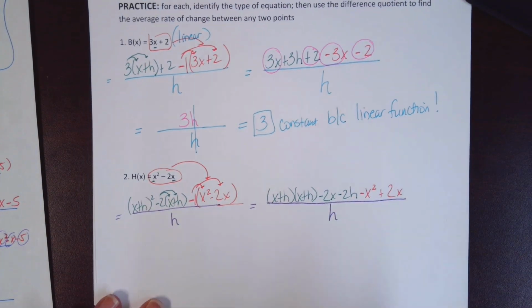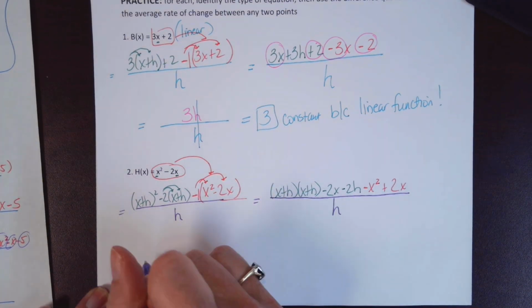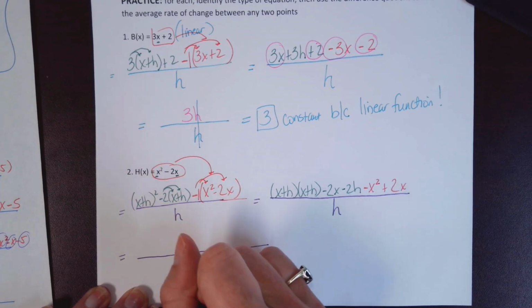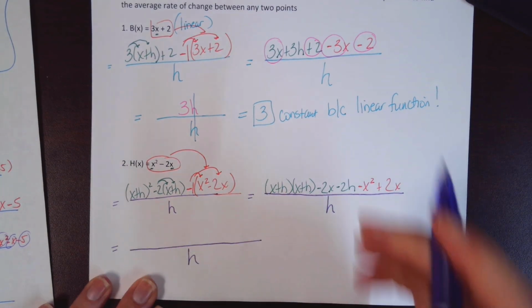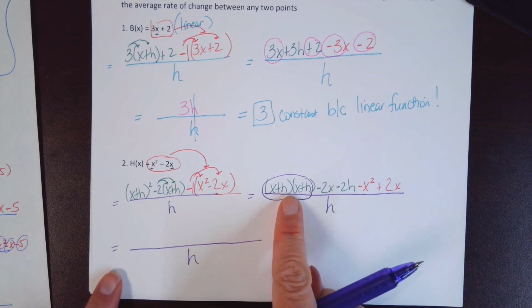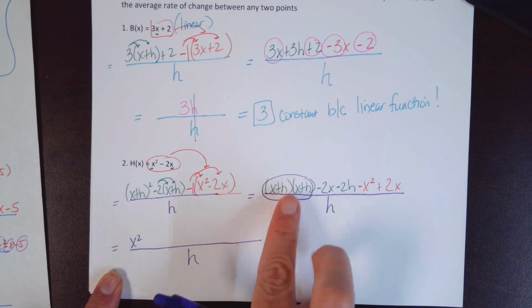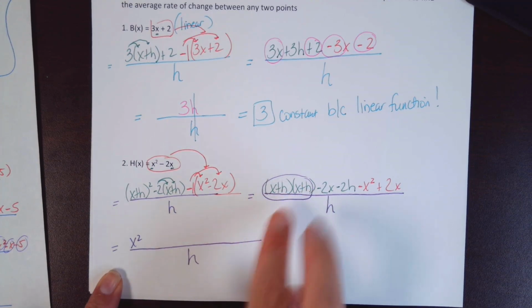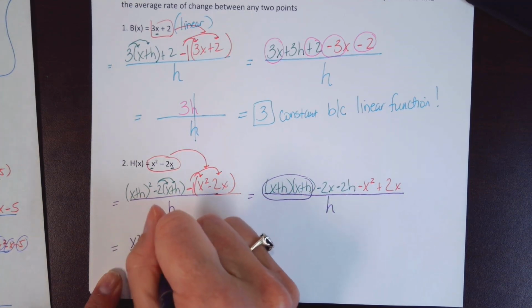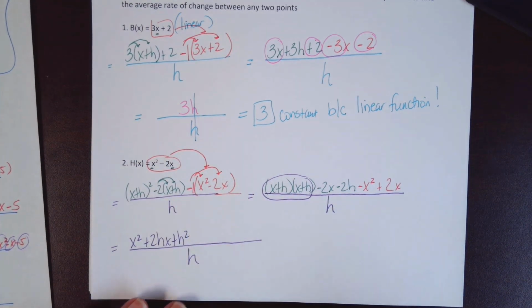You could have done this as side work, you could change it right there and make some adjustments, but I don't want to confuse anyone, so I'm going to go ahead and rewrite the whole thing. This x plus h times x plus h, when I FOIL that, x times x is x squared. Outside is hx, inside is hx, so there's 2 of those, so plus 2hx, and then h times h is h squared.